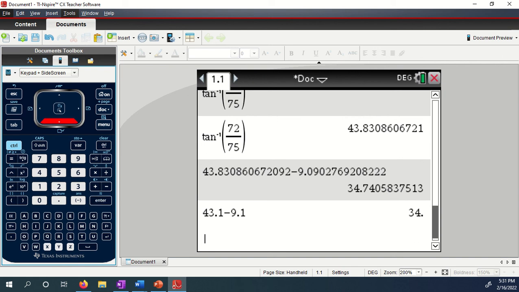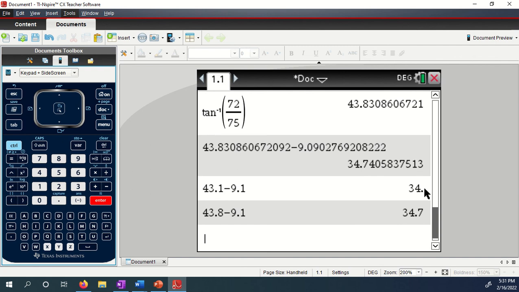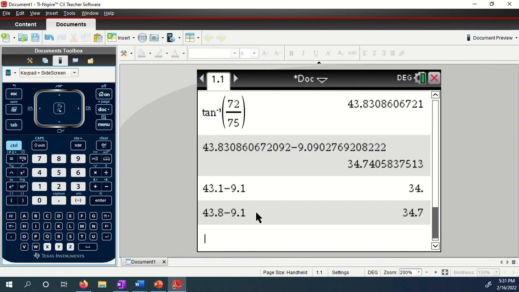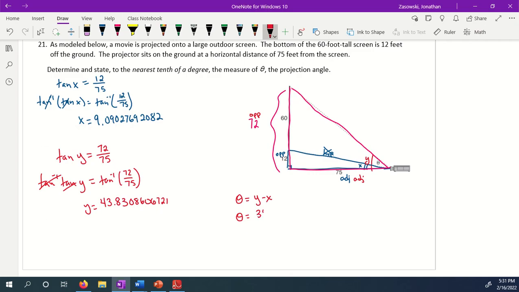Time out, people. It's 43.8, not 0.1. Okay, you notice that we will get the correct answer here, so just be careful. But nearest tenth of a degree, that's 34.7 degrees.